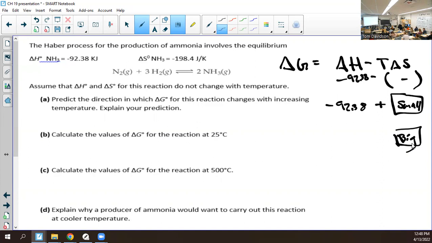Does it say as temperature increases, right? As the temperature increases, we're adding a bigger number. So predict the direction in which delta G changes, you would say it becomes more positive. That's all you've got to write for that part.